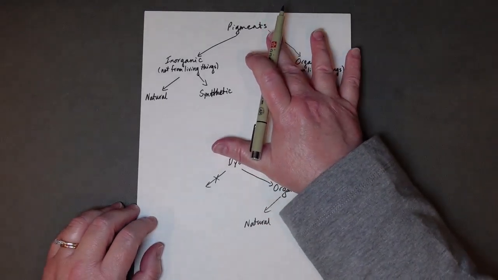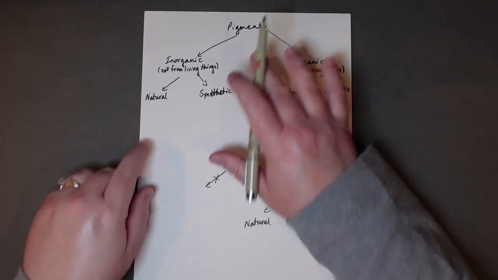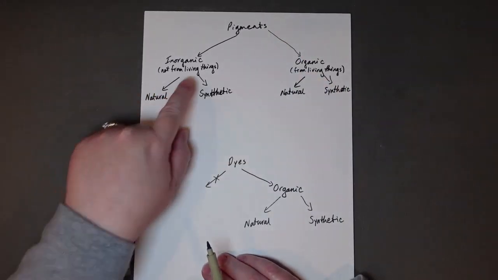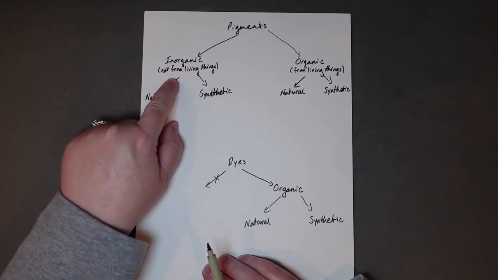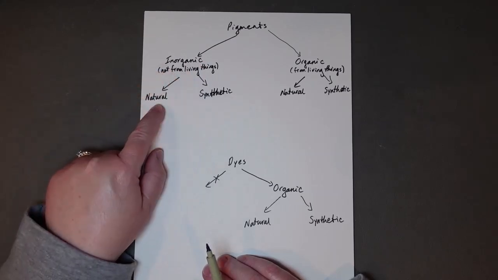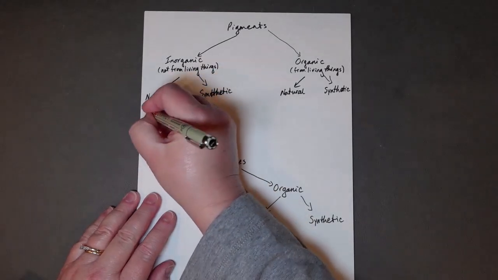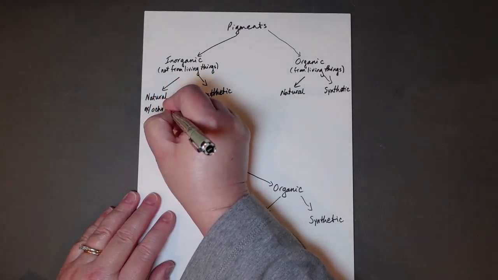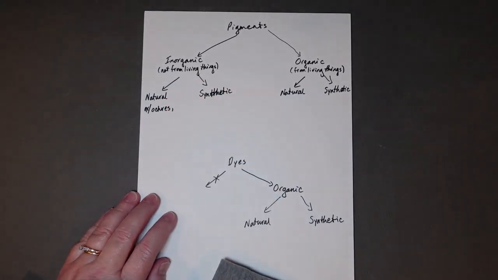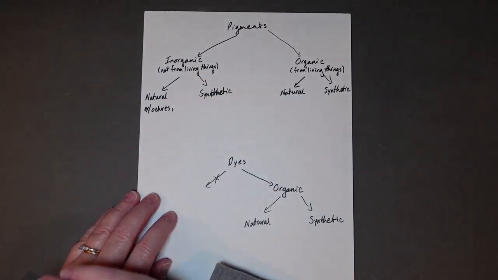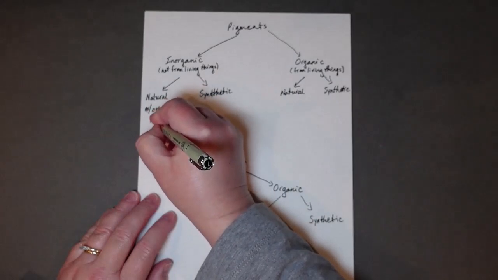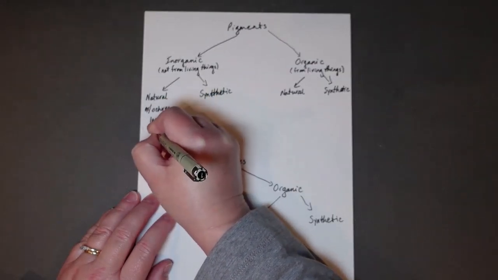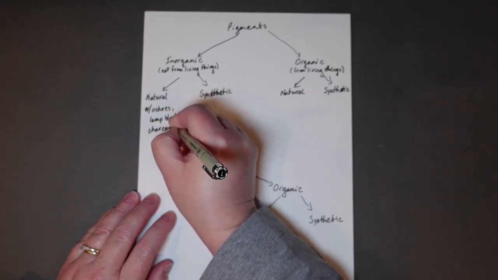When we were talking in our first video about the prehistoric pigments, we were talking about this over here, right? They were inorganic pigments, not from living things, and they were natural. They were things like our ochres, right? Those are natural inorganic pigments. Things like lamp black, charcoal, right?